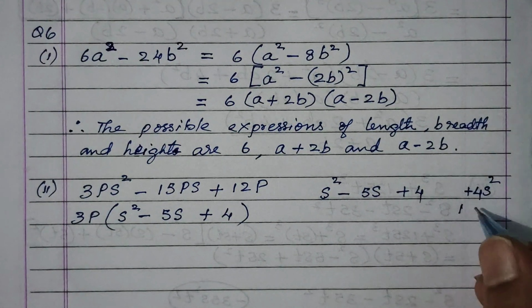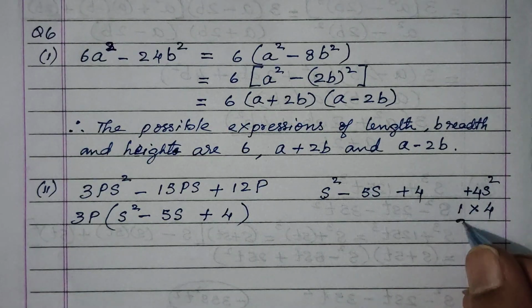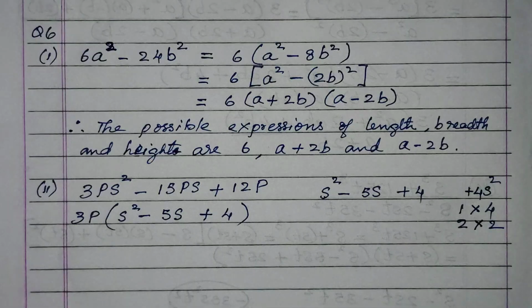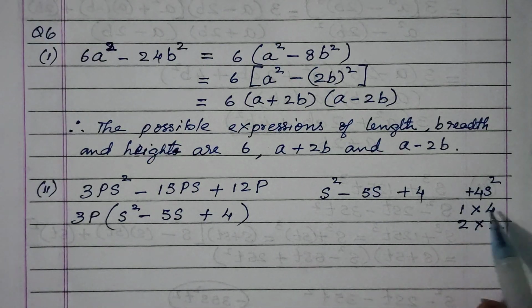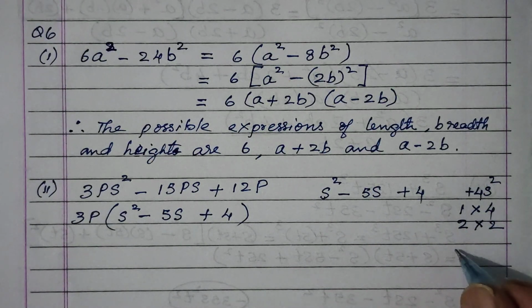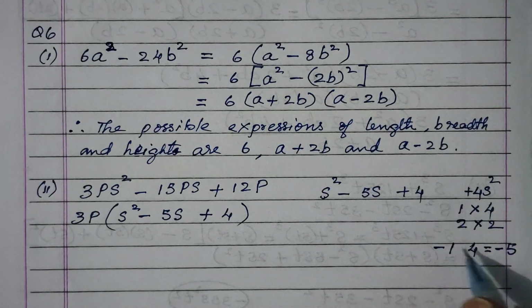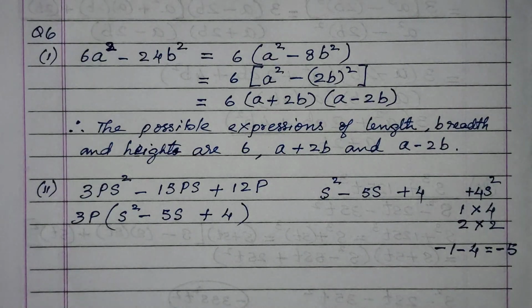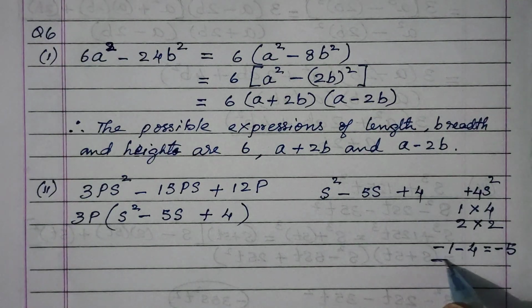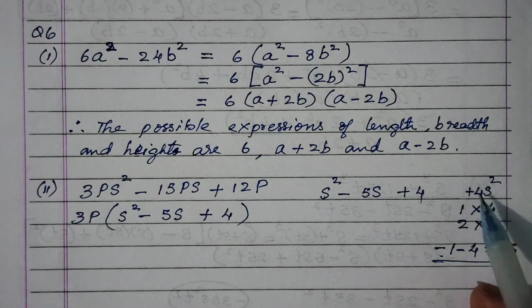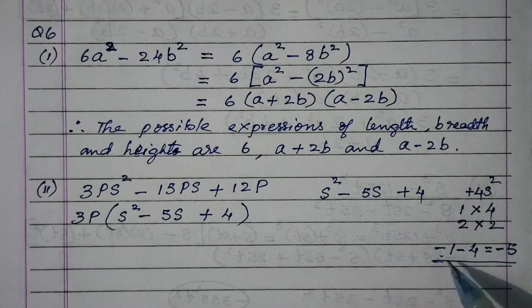Factors of 4 are 1, 4s are 4, 2, 2s are 4. So I can use this pair of factors to get minus 5. So I should get minus 5. So minus 1 minus 4, I will get minus 5. Now I should check whether if I multiply minus 1 into minus 4, am I getting plus 4? Yeah. Minus 1 into minus 4 is plus 4.